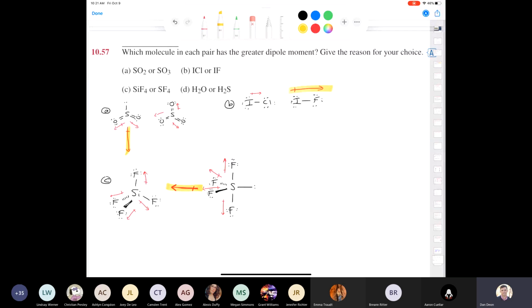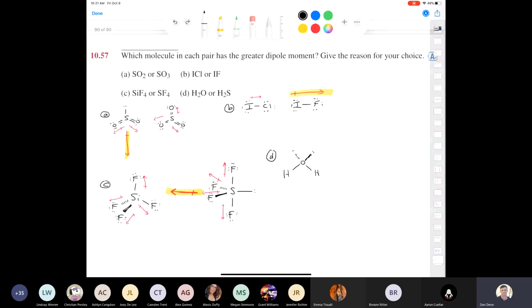The next one is H2O versus H2S. They both have the exact same molecular geometry. I'll just draw them bent like this. You can put the lone pairs on dashes and wedges if you want. We have the H2S molecule, which is also bent.